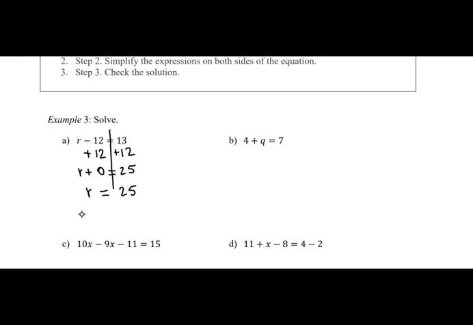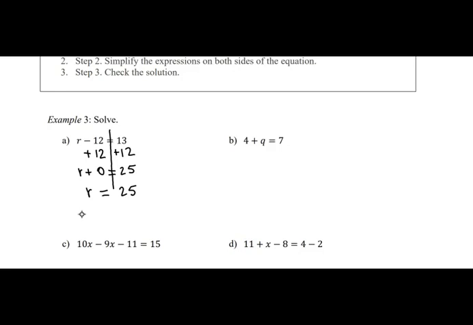So I can isolate the variable r, meaning the variable is the only thing on the left side of the equation. And then, because the addition property of equality says that whatever you do on the left side of the equation, you have to do the same on the other side. As long as you do it to both sides, you're keeping the equation true.